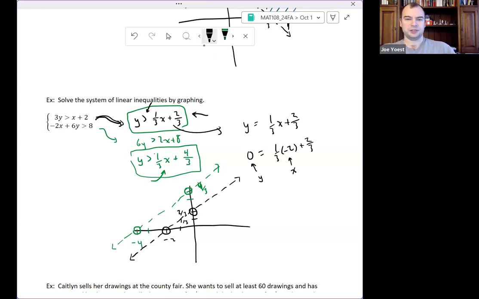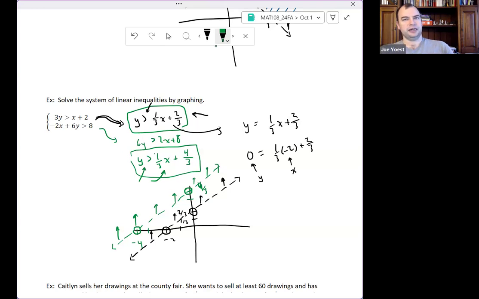Now, in this case, my black inequality, y is bigger than 1/3 x plus 2/3. I'm looking for values of y that are above this black dashed line. My green inequality, y is, again, bigger than 1/3 x plus 4/3. I'm looking for values of y that are above the green dashed line.